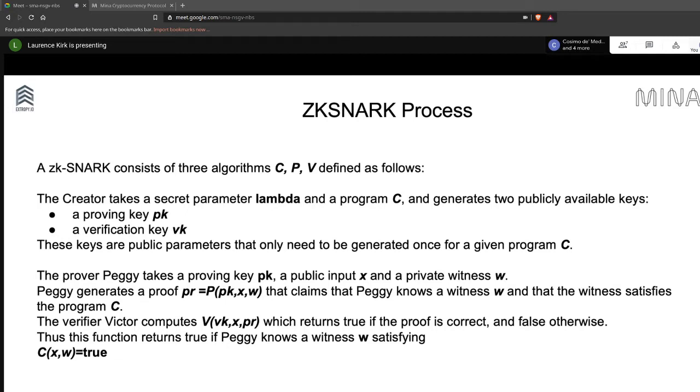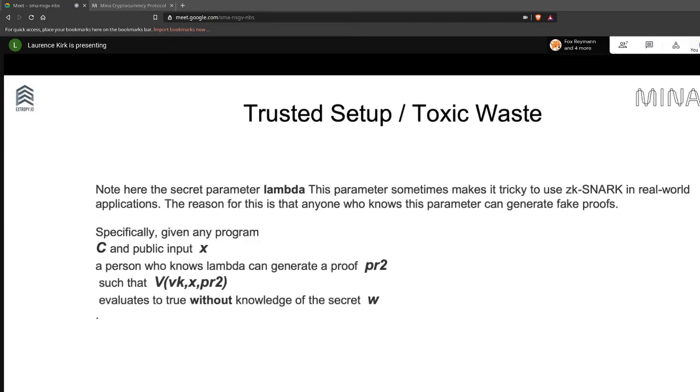The problem with this setup is that if someone was to obtain lambda, gain knowledge of what that was, then they could use that to create false proofs. They could create a proof that would evaluate to true even if they did not know the correct secret, the correct witness. So when we do this trusted setup step, we have to be sure that we do not leak this information. And in fact, this has been nicknamed toxic waste.